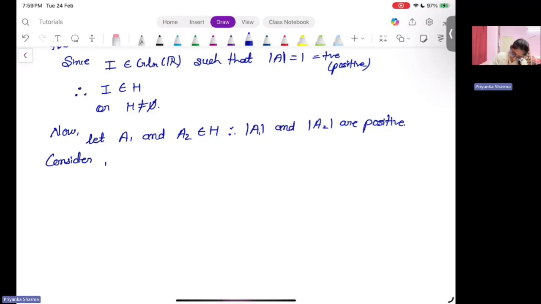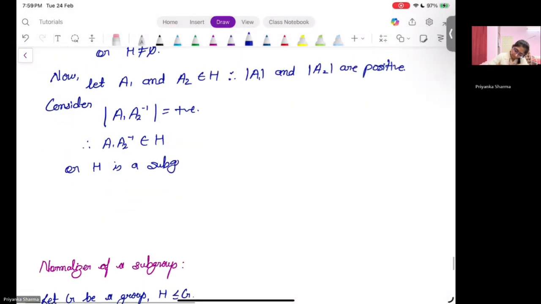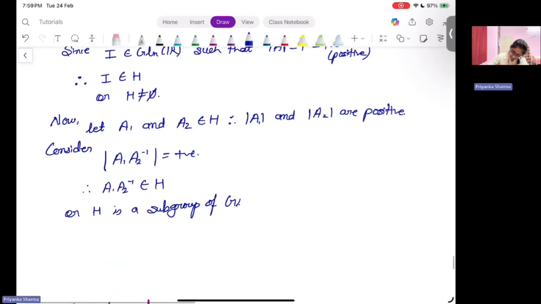That's why we consider the determinant of A1 A2 inverse. Using the properties of linear algebra, this splits into the determinant of A1 times the determinant of A2 inverse, which will be positive again. Therefore, A1 A2 inverse belongs to H, or H is a subgroup of G. It is GLnR actually.